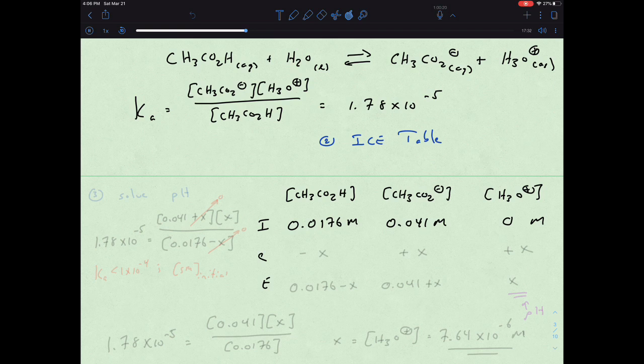So that means that the hydronium ion initially is actually always going to be 0 in every single one of these cases. That's telling us our direction of change. And so we end up with our equilibrium concentrations with regards to X.